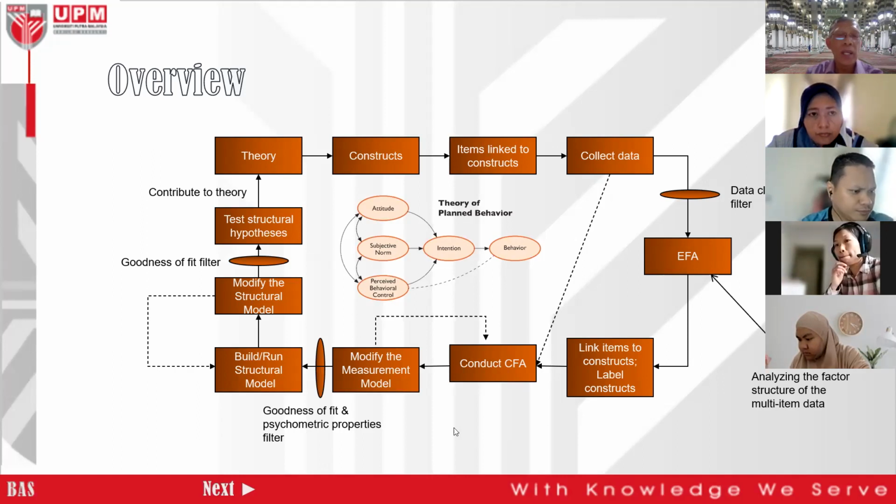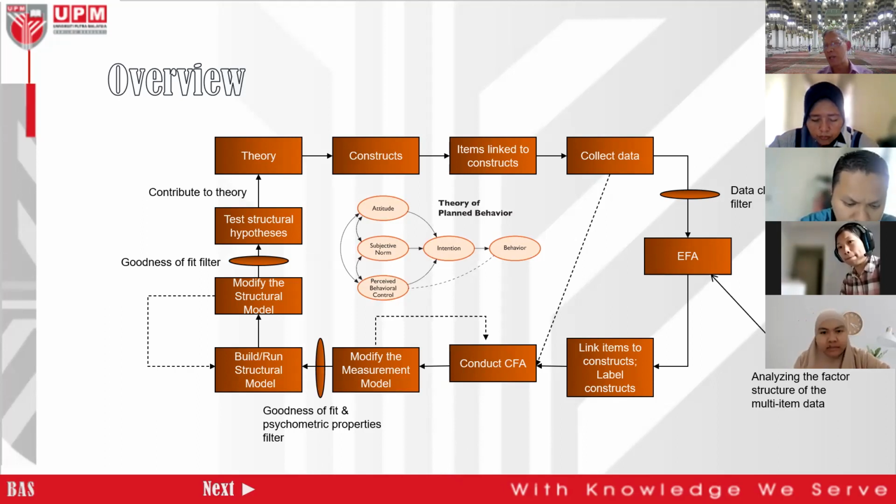And then in your structural model, you test all the hypotheses that you have on the relationships between variables, the contribution of IV on DV, maybe testing for mediation effect, testing for moderation effect, and the result for your multiple linear regression can be extracted from your structural model.